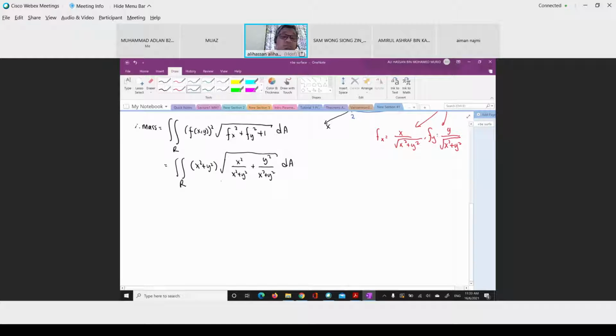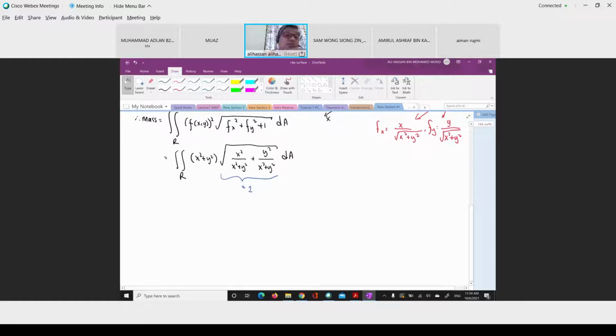This whole thing is equal to 1 actually. If you write these two fractions as a single fraction, then you have x squared plus y squared divided by x squared plus y squared. Okay, now it remains to determine, so this is equal to the double integral over the region R of x squared plus y squared dA.